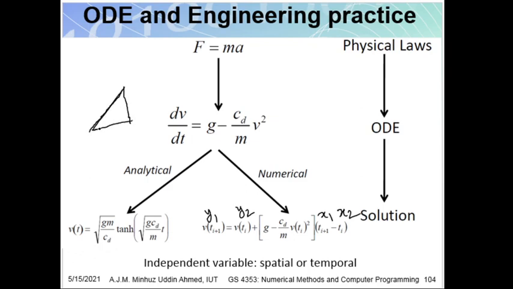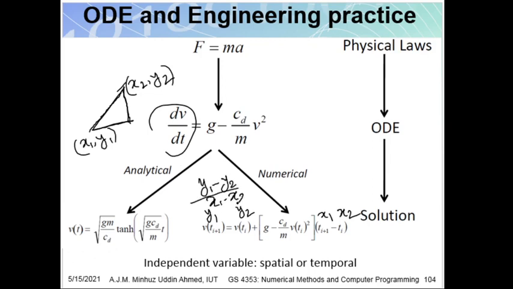This slope is linear, and for this it might be x1 y1, x2 y2. If I assume it like this, then this is nothing but the slope, that is dv by dt. For the slope we can use the formula y1 minus y2 over x1 minus x2, which will equal this one.